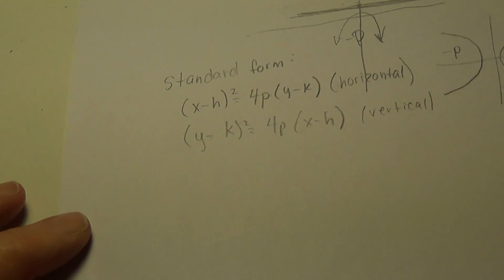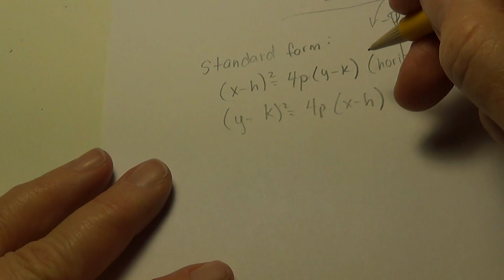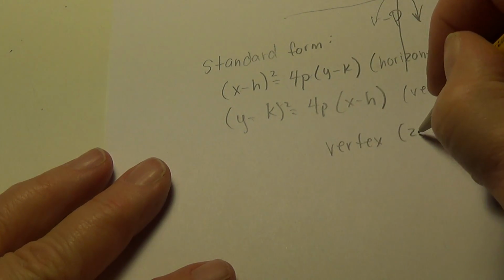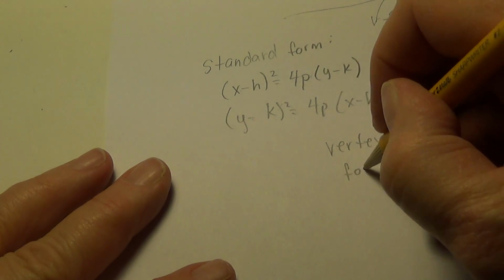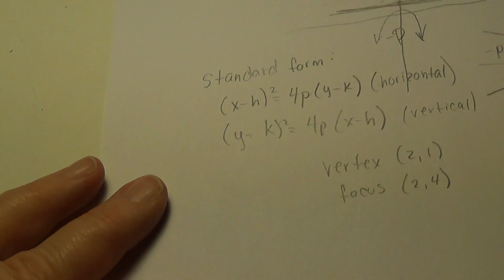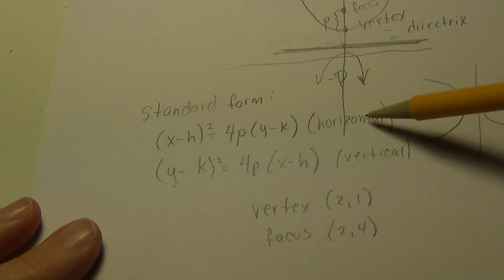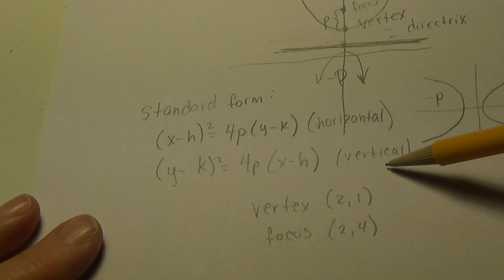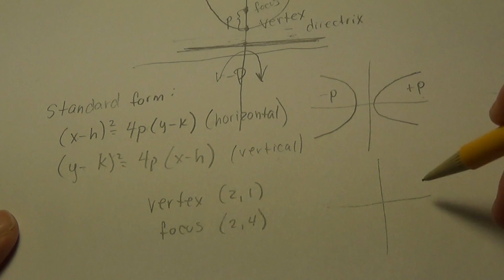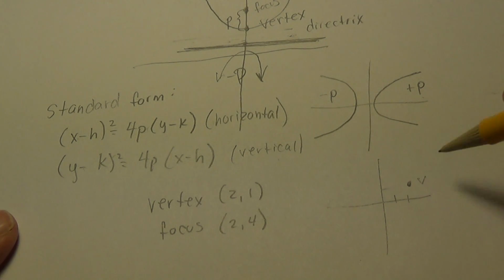Alright, so let's say that we have a parabola and its vertex is known to be (2, 1), and the focus is known to be (2, 4). Can you put that into standard form? Well, let's decide whether we have a horizontal or a vertical, and we'll do that with a quick sketch. So we're going to go over 2 and up 1. There's the vertex.